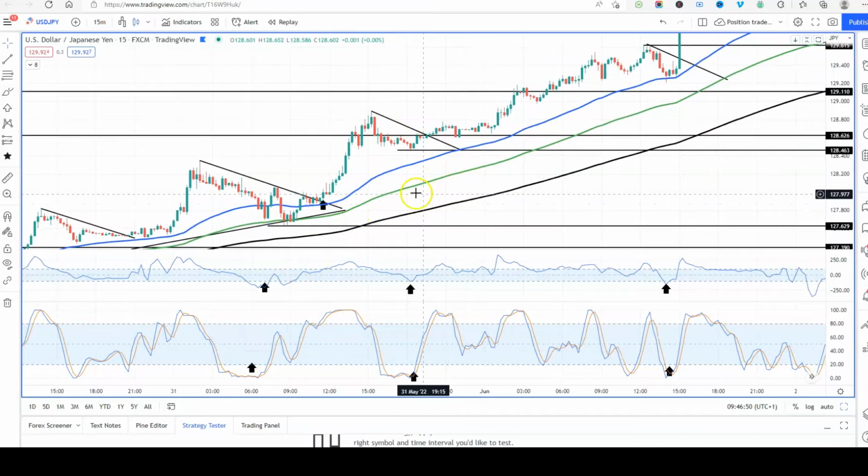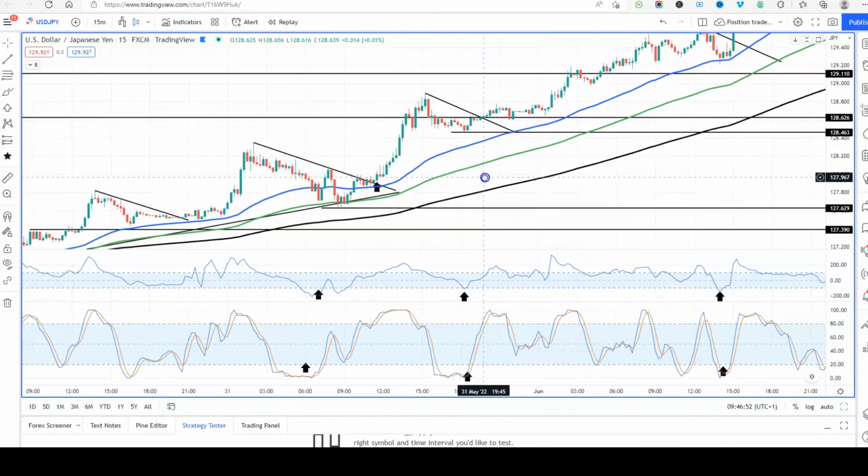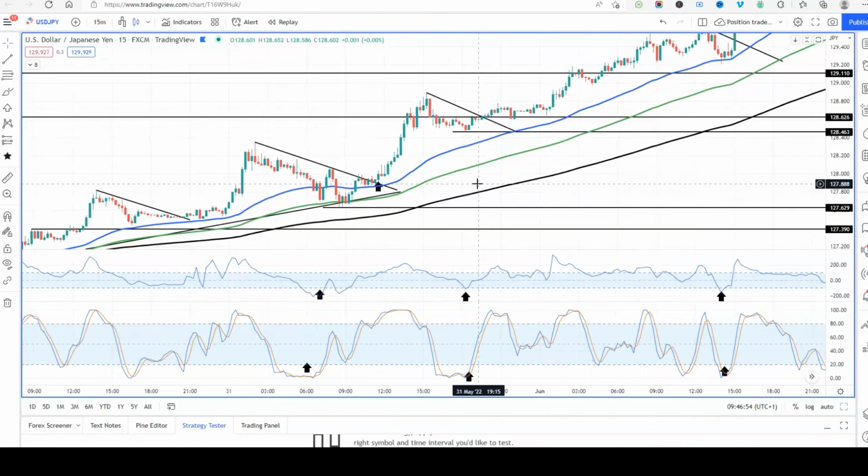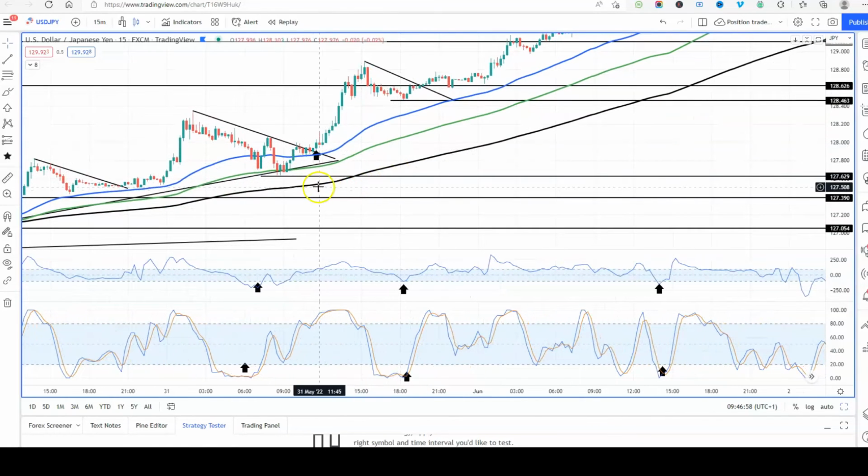Now in terms of managing the swing, this is what I would do. On a carry trade, your stop is the 200-day moving average. Your entry is here. So your stop is the average, if it's close enough. So we're talking about 127.90, 127.40.